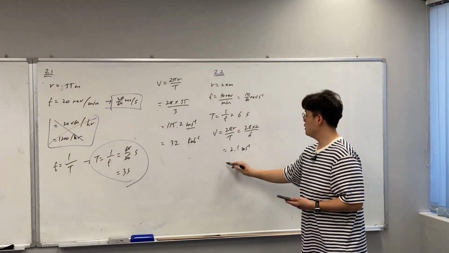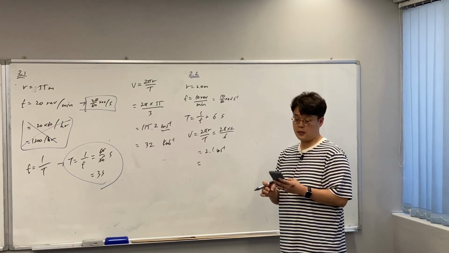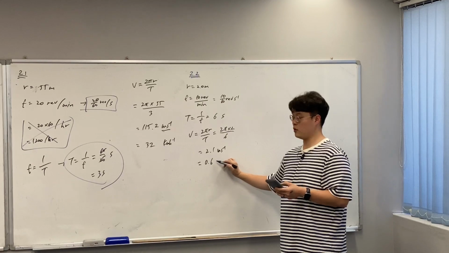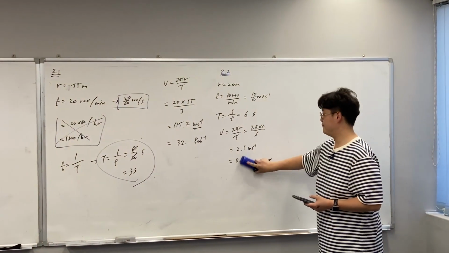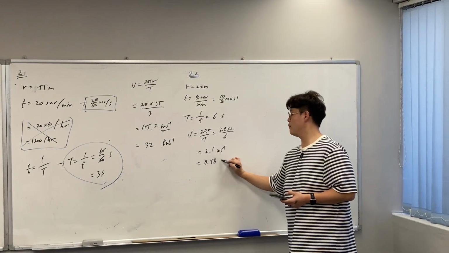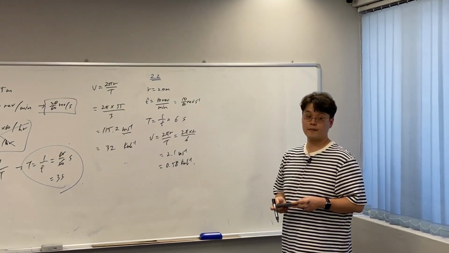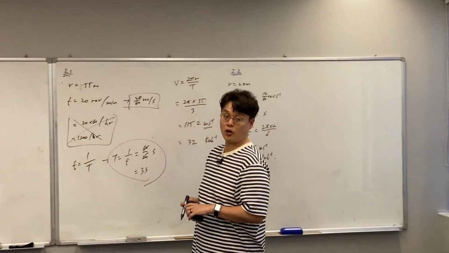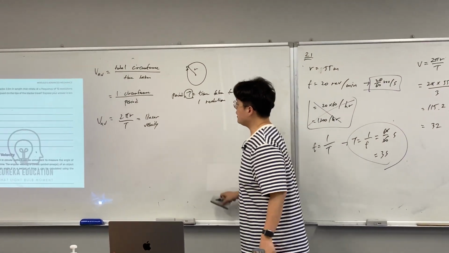So this is equivalent to dividing by 3.6. And so you get 0.58 in 2 sig figs. Okay, 2 sig figs given. Make sense to all? All right, that's how we get the linear velocity.